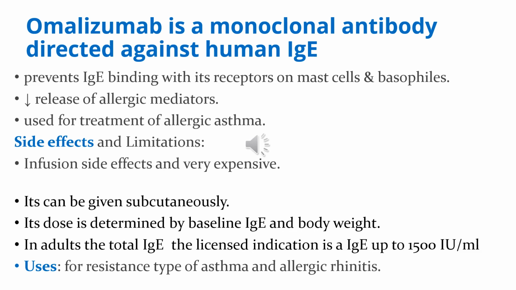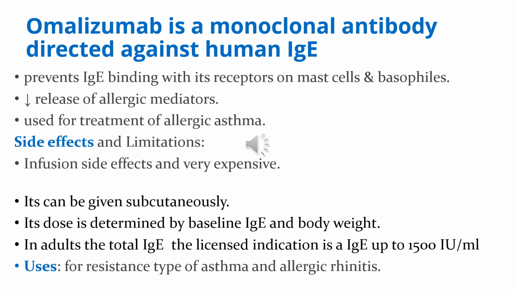Omalizumab prevents IgE binding with its receptors on mast cells and basophils, decreasing the release of allergic mediators. Used for treatment of allergic asthma. Side effects and limitations: infusion side effects and very expensive. It can be given subcutaneously.